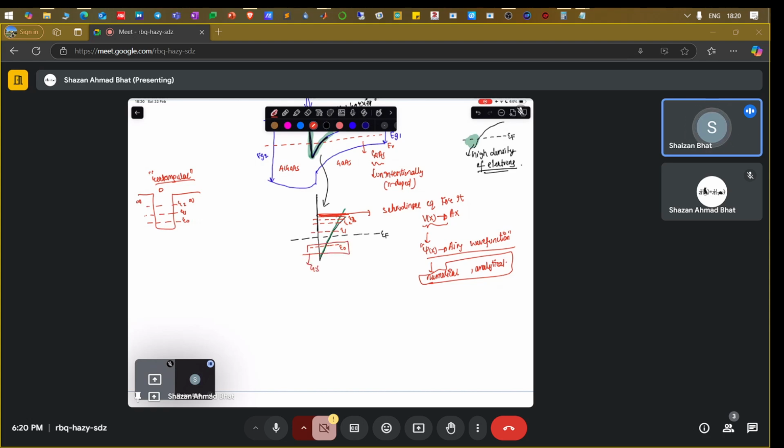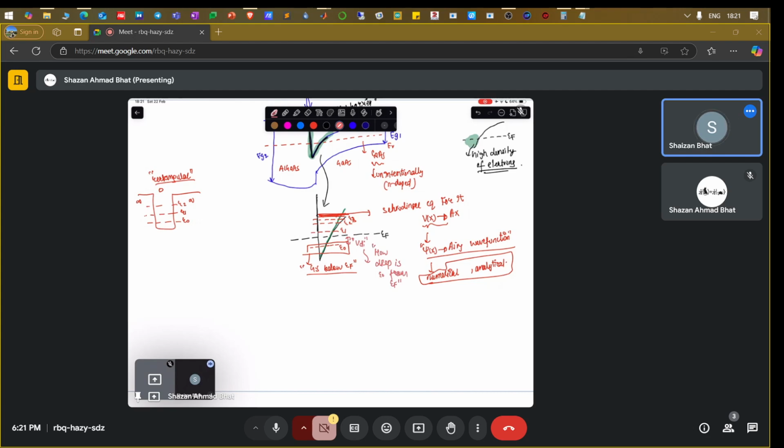This is the ground state, which is below the Fermi level, below the EF. By how much? Let's call it some VDI, which is how deep E0 is from the Fermi level.